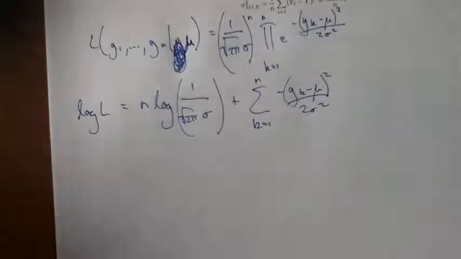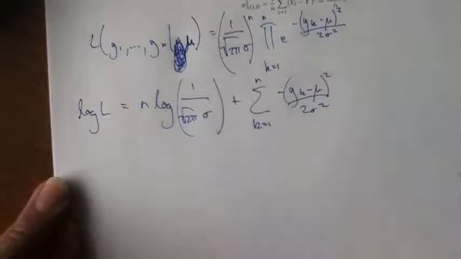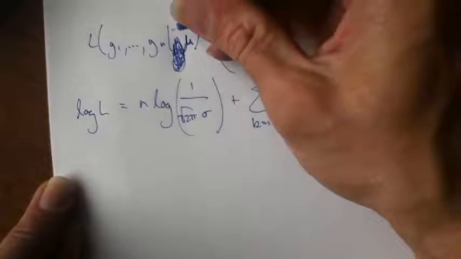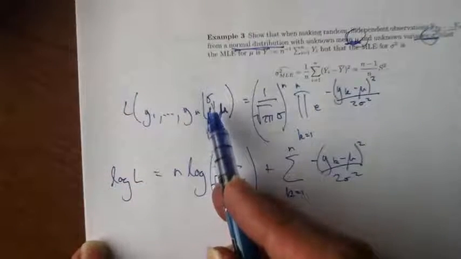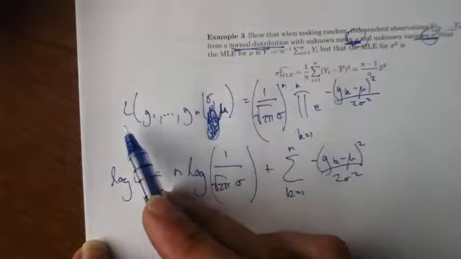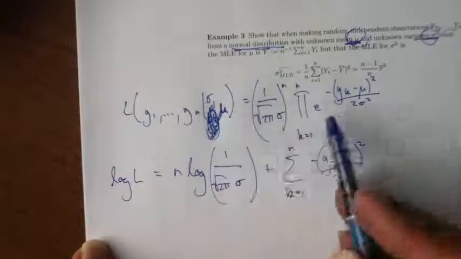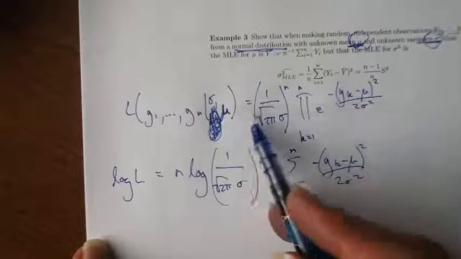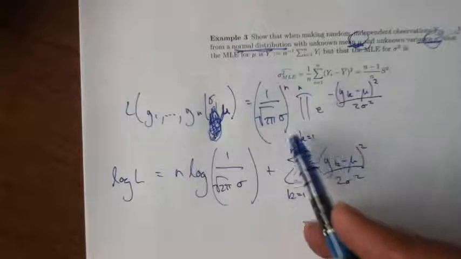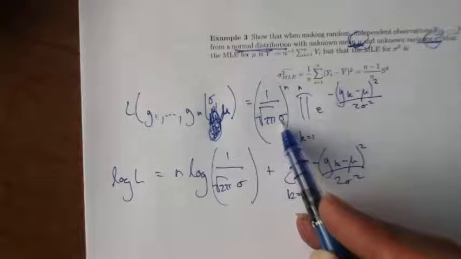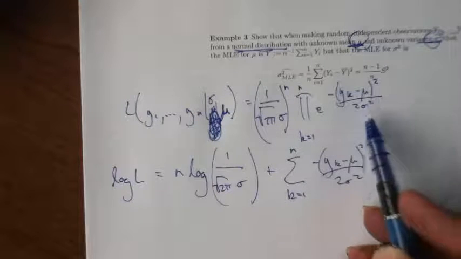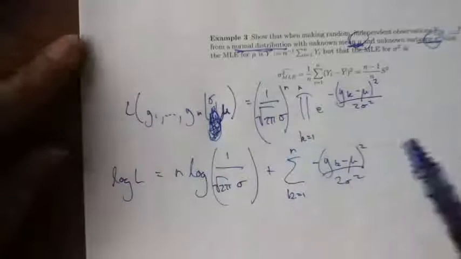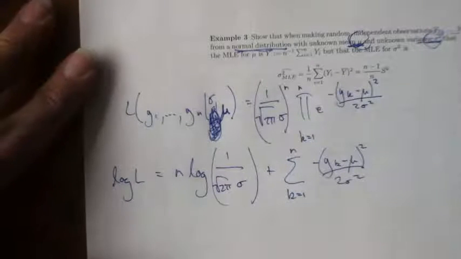Notice that actually, I'm going to put a sigma in here too. This likelihood function depends on sigma and mu, okay? I want to treat it as a function of sigma and mu. I want to find the values of sigma and mu that maximize this likelihood function or log likelihood function.